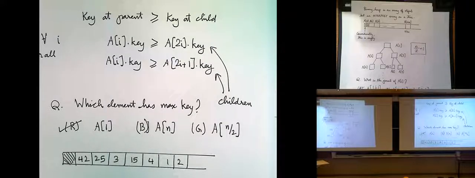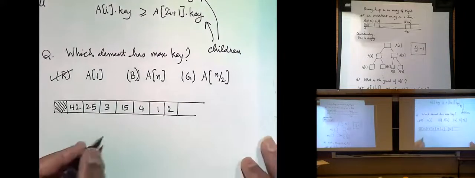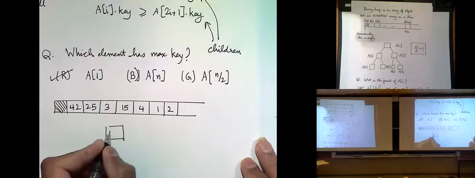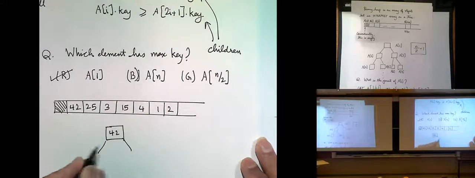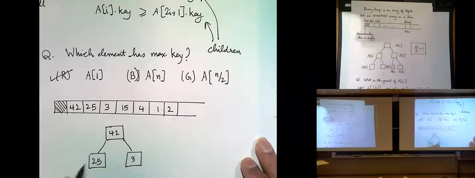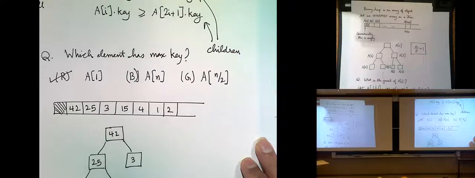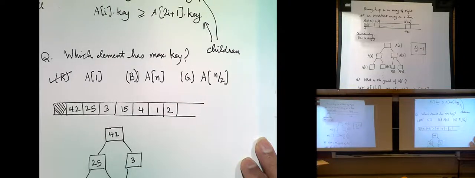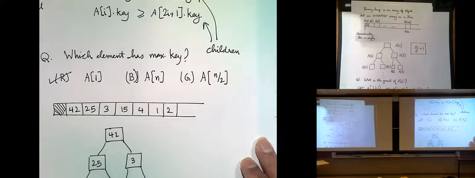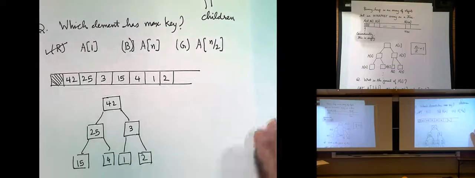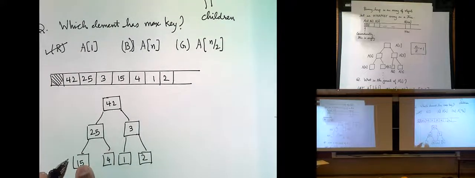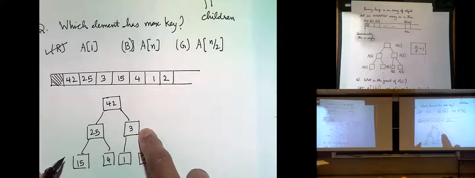It doesn't seem to have any structure. But if you write it out as a heap, the root is 42. Its children are 25 and 3, whose children are 15, 4, 1, and 2.